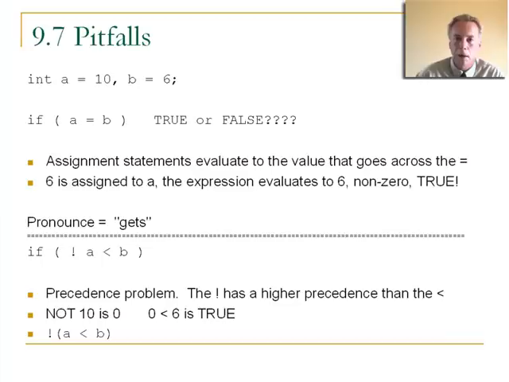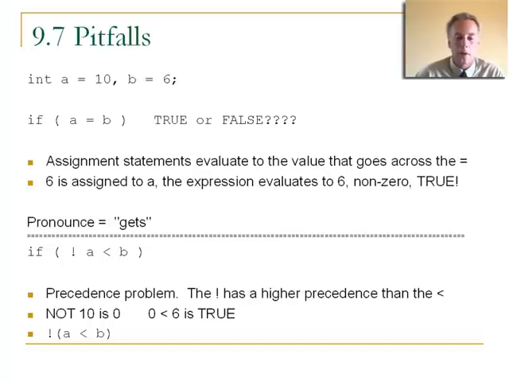If it would not compile and tell you that you did that by mistake, that would be a good thing, but that's not what it does. A gets B, in this case, evaluates to true, but A equals B would not evaluate to true.